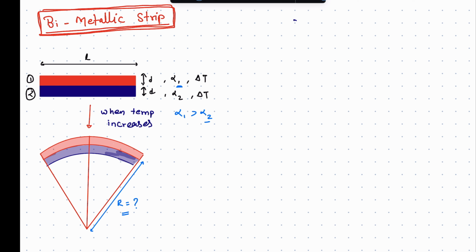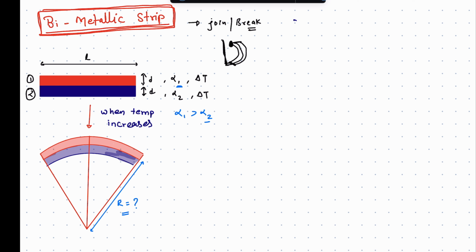Where do we use this bimetallic strip? It is used for circuits where we want to join the circuit, or break the circuit, at a certain temperature. Think about it. Let's suppose we have a material like this, at temperature T, attached to some wall, and here there is some circuit.